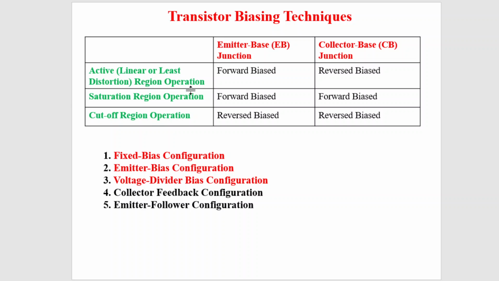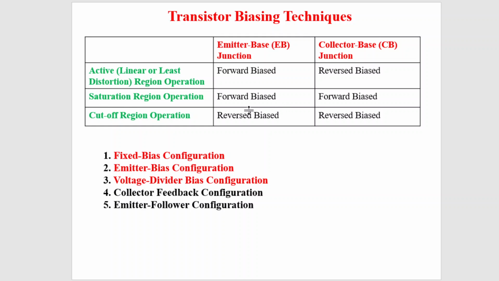And when we draw the DC load line on the output characteristics curve of the transistor, then we can understand the different regions of the transistor, whether the transistor is in the active region, saturation region, or cutoff region. When the base emitter junction is in forward bias and the collector base junction has also gone into forward bias, then the transistor works in the saturation region.